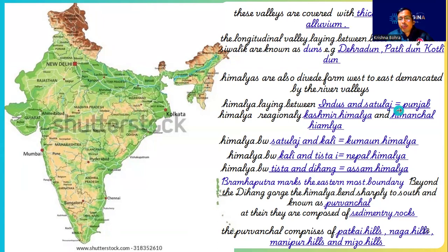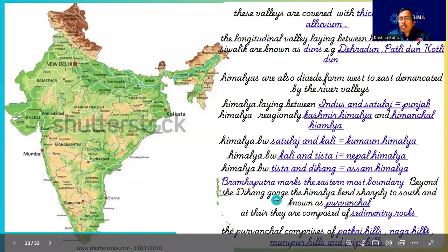So we have understood Punjab Himalaya, Kumaon Himalaya, Nepal Himalaya, Assam Himalaya. The rivers which demarcate them are also important: Indus to Satluj, Satluj to Kali, Kali to Tista, Tista to Dihang of Assam. Brahmaputra marks the easternmost boundary of these Himalaya.